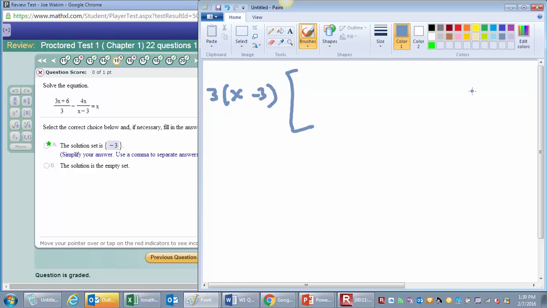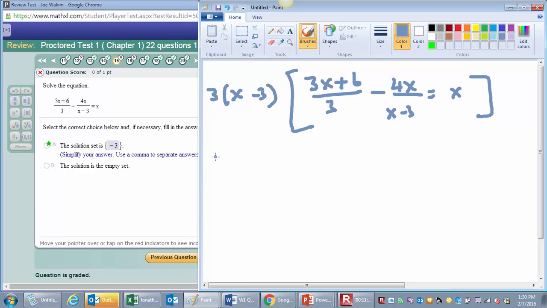So this would be 3x plus 6 over 3, minus 4x over x minus 3, equals x. If you multiply 3 times x minus 3 times the first one, only this 3 will cancel.